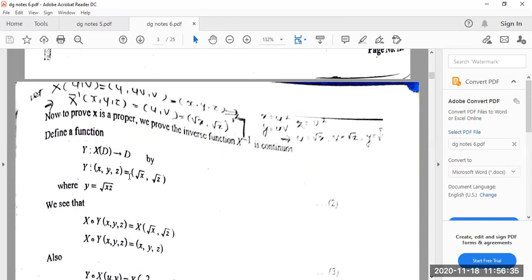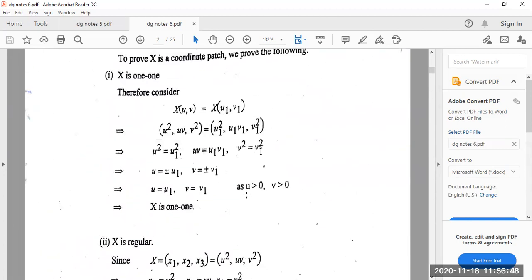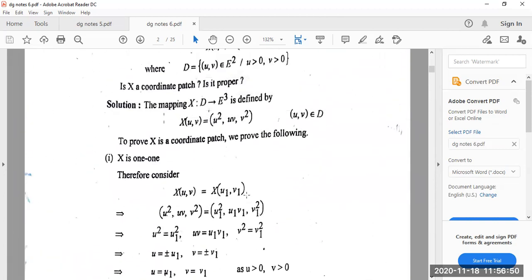It is in three variables, but the image we are getting is in terms of two variables, correct? So for defining this, we must first concentrate on what we already have: u square, uv, v square, correct? So I can name x as u square.